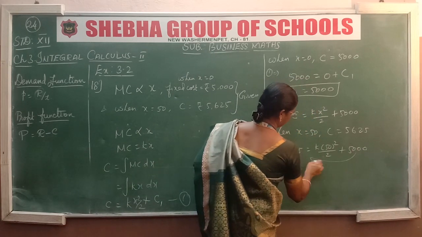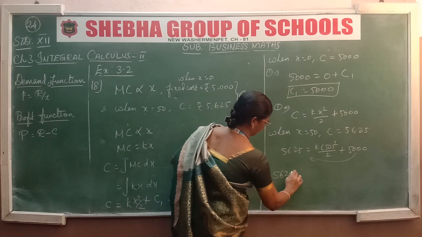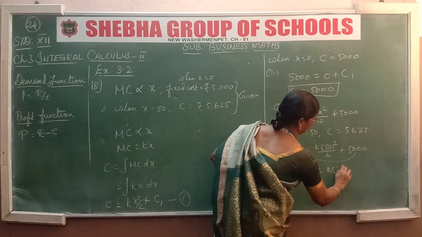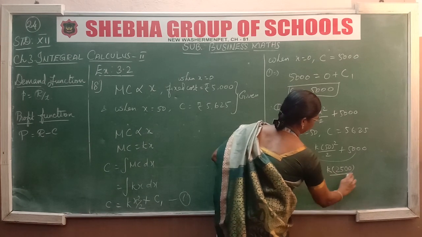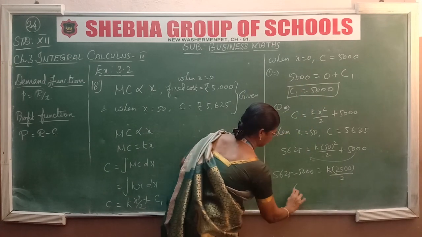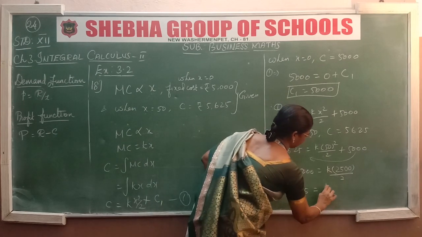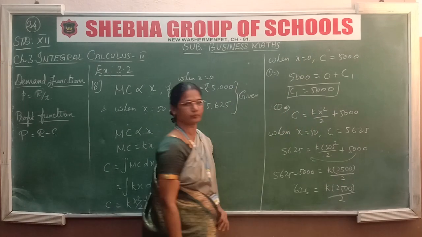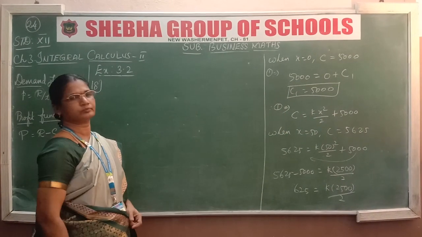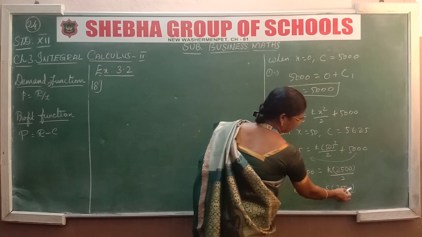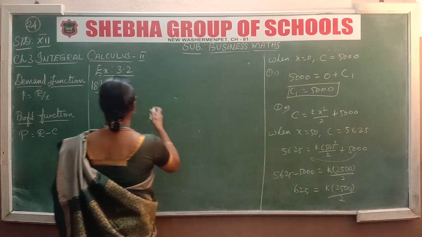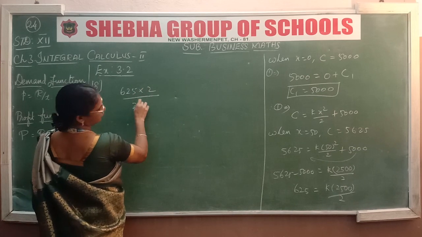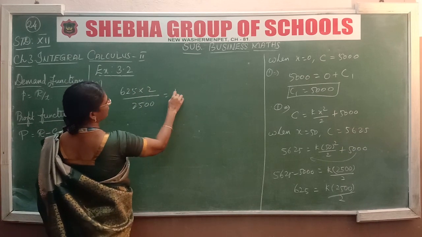Now bring this 5,000 to left hand side, we get 5,625 minus 5,000 equal to k into 50 square, which becomes 2,500 by 2. So we get 625 equal to k into 2,500 by 2. Now bring 2,500 by 2 to the left hand side. We get 625 into 2 by 2,500 equal to k.